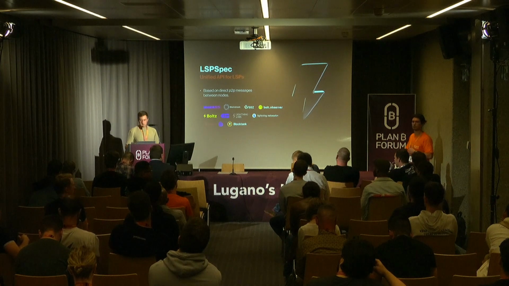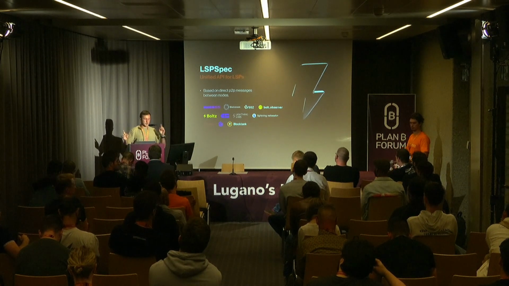Yeah, so Lightning messages right now are sent back and forth in the TLV format, and we defined a JSON RPC protocol on this same encrypted channel. It's just a different way to communicate that we use, in my opinion a simpler way.